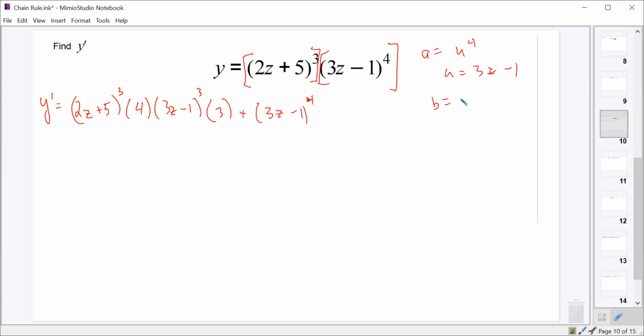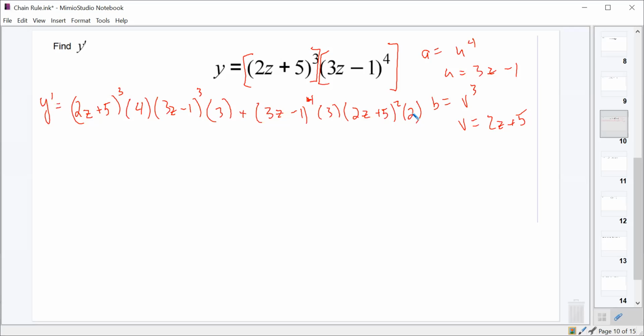So we can say v is equal to... well, we already used u. How about v cubed with v equal to 2z + 5. So that ought to give us 3v squared. So 3 times (2z + 5) squared. And then the derivative of 2z + 5, which is 2.